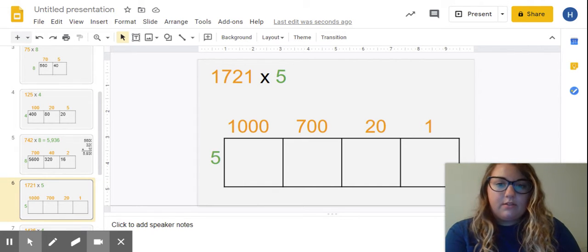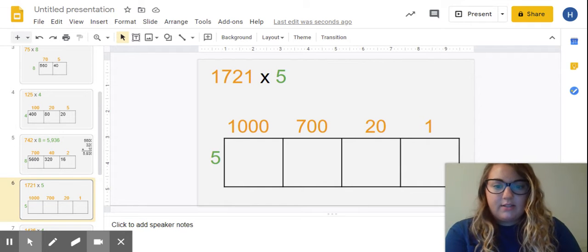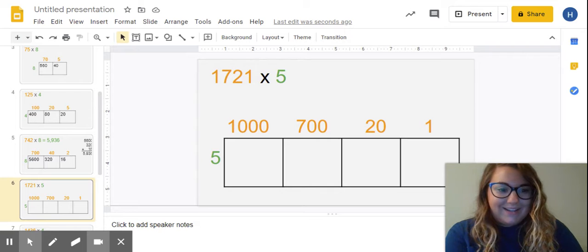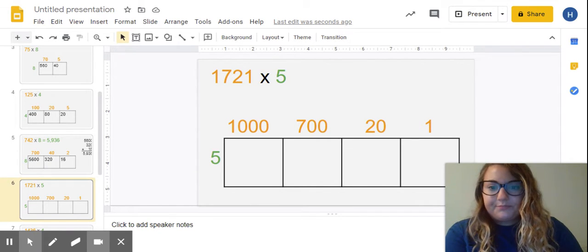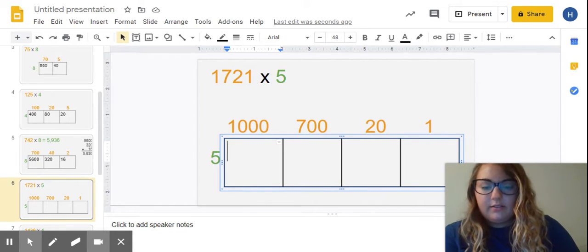I've decomposed my 1,721 into my thousands, my hundreds, my tens, and my ones. So this is just like what we have been practicing today and what we practiced yesterday. We are going to multiply 5 times 1,000, which will be 5,000.